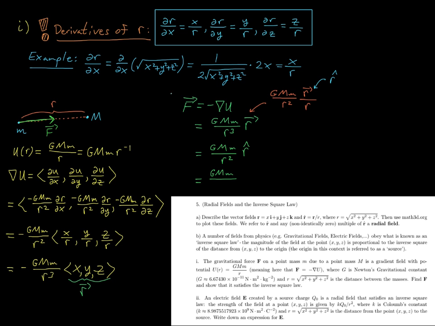Well, if r is this square root term, if I cube it, I'm going to get x squared plus y squared plus z squared to the 3/2 power. And then I'm just multiplying here with this vector x, y, and z. So all of these, of course, are equivalent.